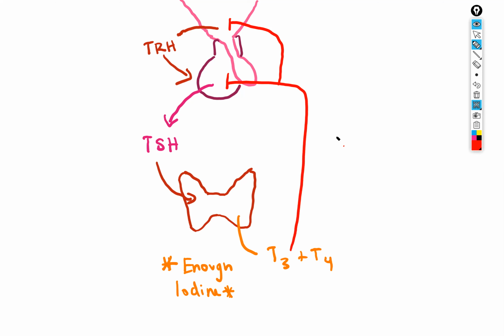But what if there's not enough iodine? So you're like, nope, sorry, no iodine for you. Then T3 and T4 are insufficient to negatively feed back. There's just not enough in there.